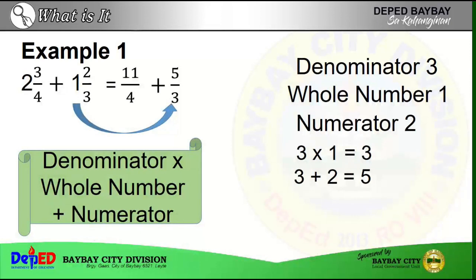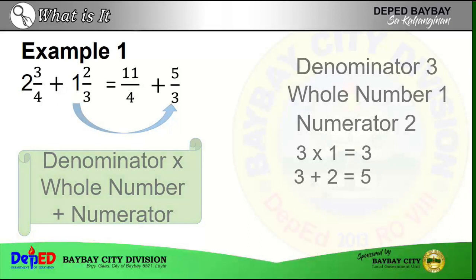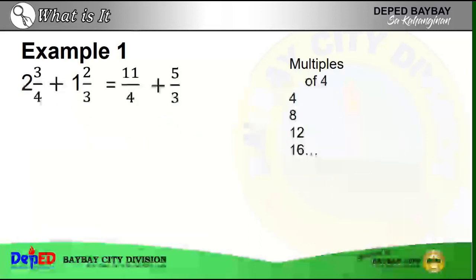Since we already changed the mixed numbers into improper fractions, we can now apply the steps in adding and subtracting similar or dissimilar fractions. As we observed, the two fractions are dissimilar, so we have to get the least common multiple of the denominators 4 and 3, and that will be our LCD.